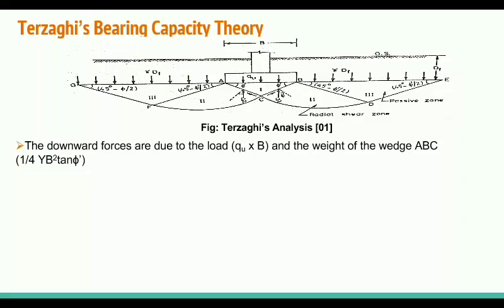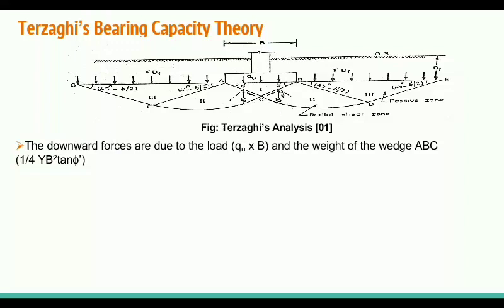So what is the downward force? Here the downward force is due to the load coming from the column and footing, qu into B, where qu is the load intensity, or we can say the pressure at the base of the footing. The length perpendicular to this figure is 1. So the force is qu into B into 1.